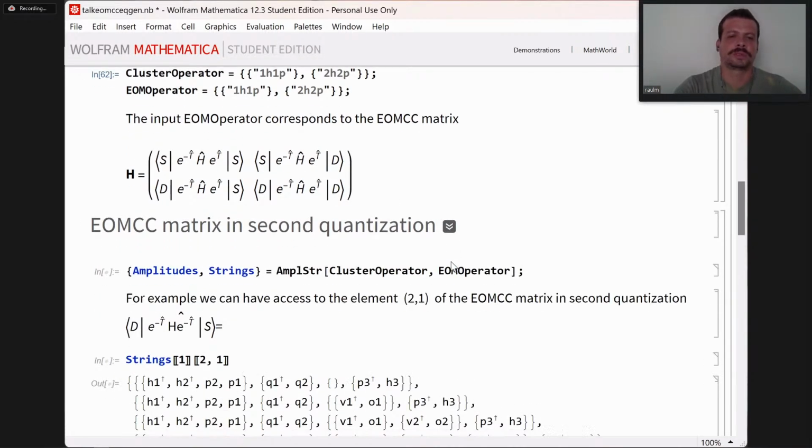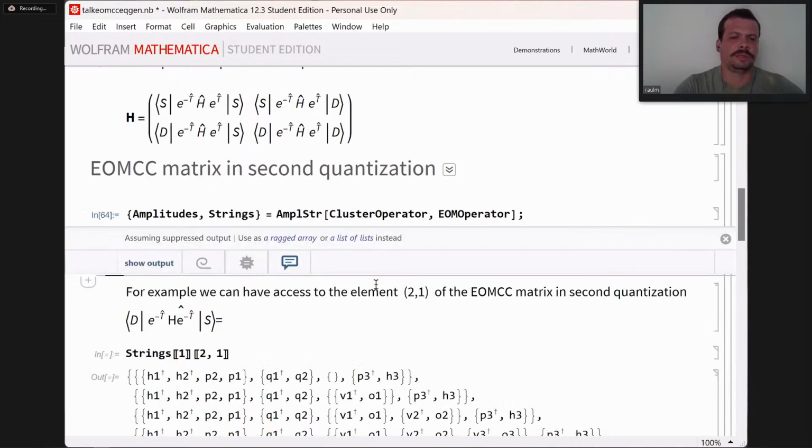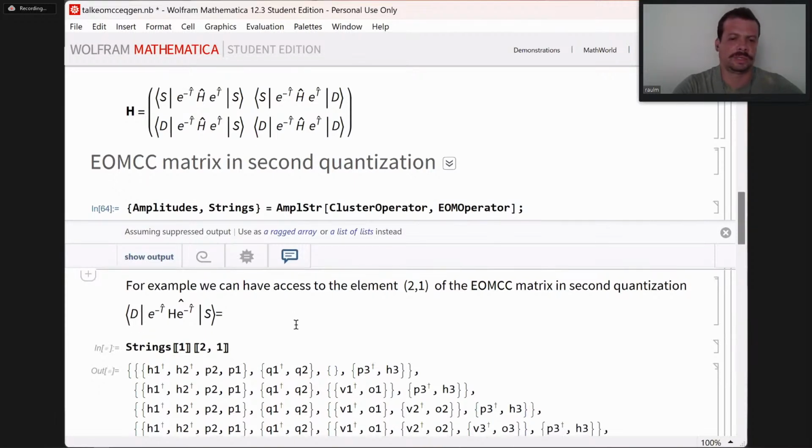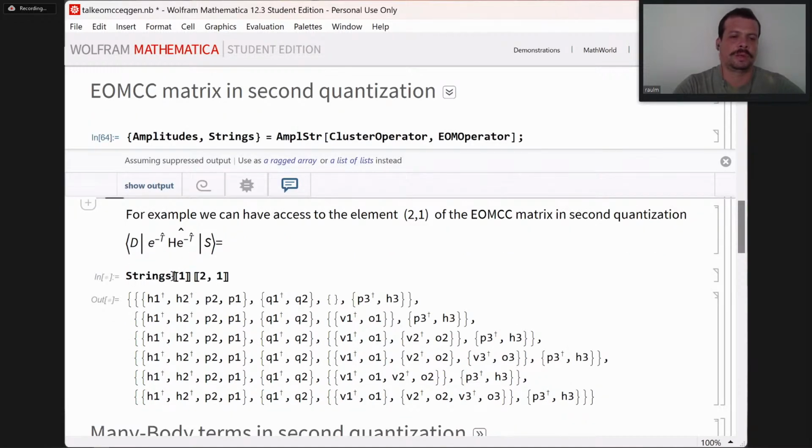Then we generate the amplitudes and a string. If I take the 2-1 block that I already mentioned in the example, in this step we are transforming the operators into second quantized form of this matrix. We store everything in this variable called strings.